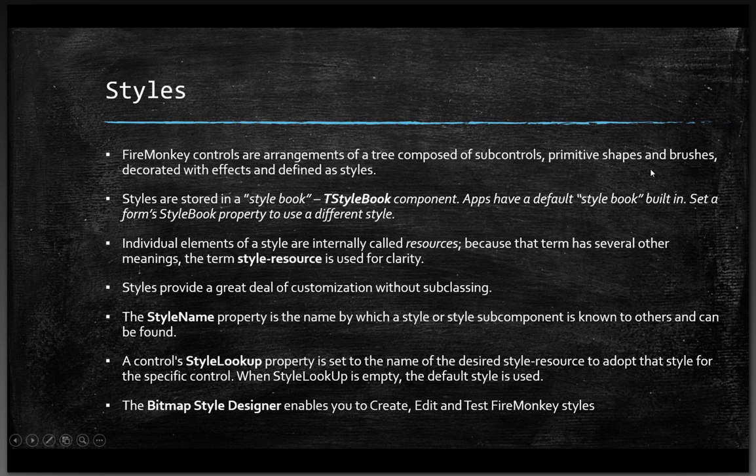So styles are the way that FireMonkey creates the look and feel of the components: buttons, edit boxes, list boxes, text edit boxes, number boxes, and so on. And these are built up from primitives, shapes using brushes and color and rectangles and filled areas and so on.